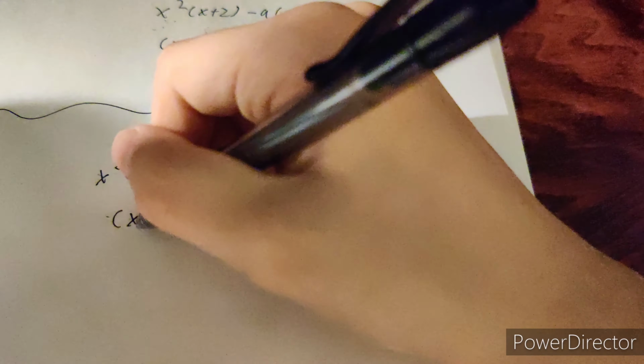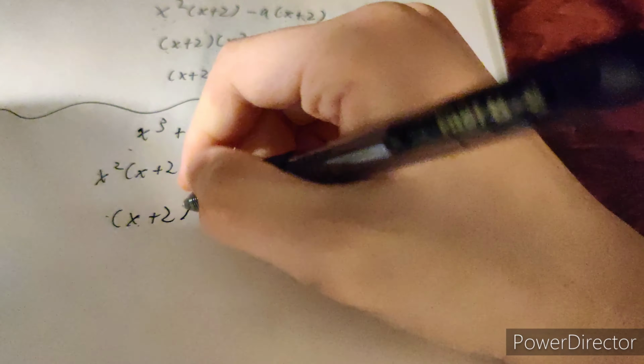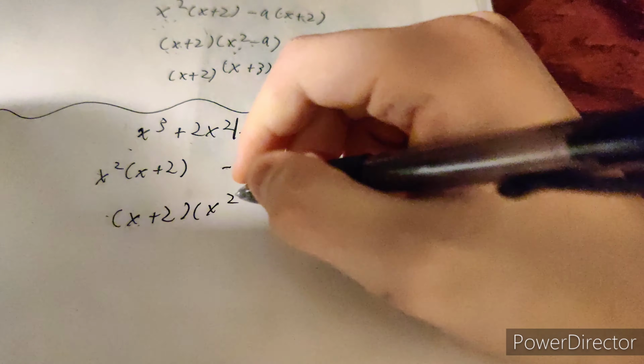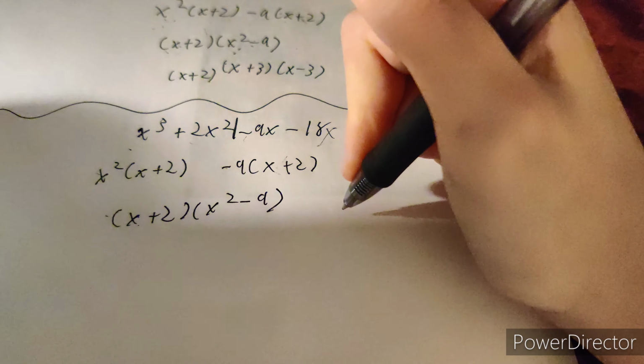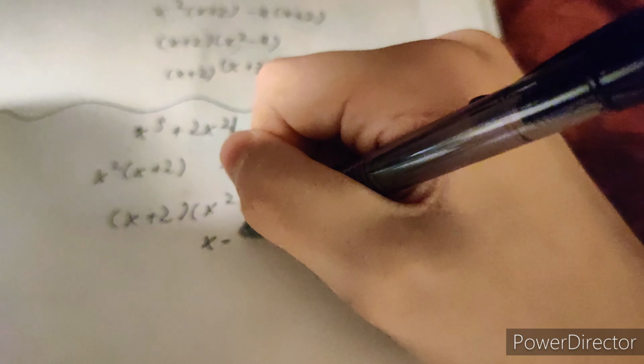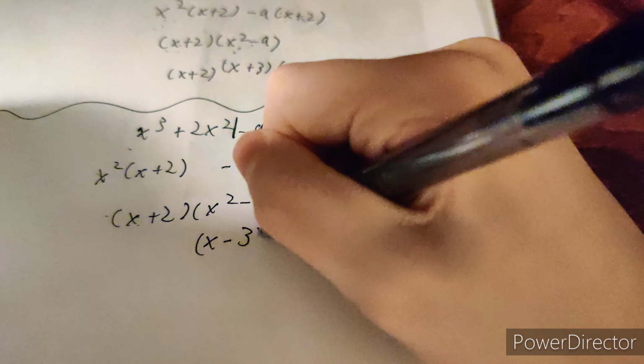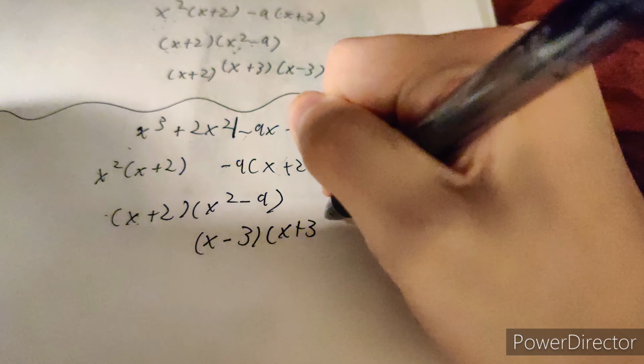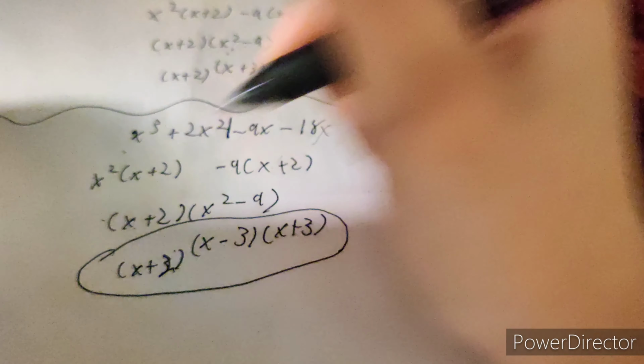And so we have, again, x plus 2 times x squared minus 9. And of course, we simplify this as x minus 3, x plus 3. And we get the same thing.